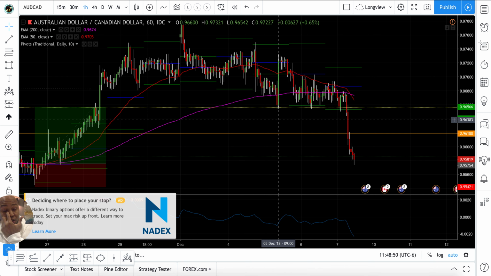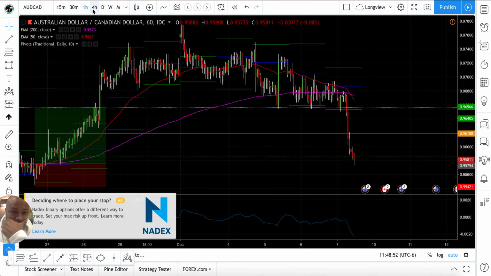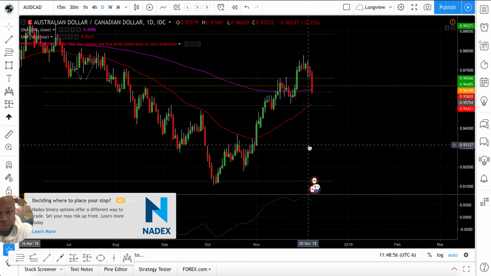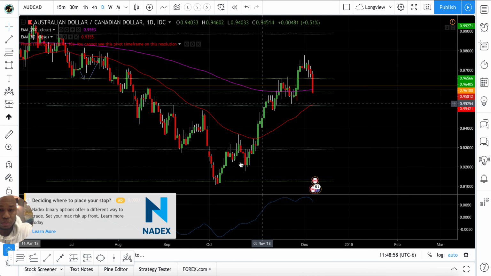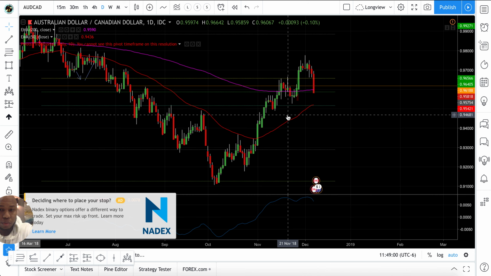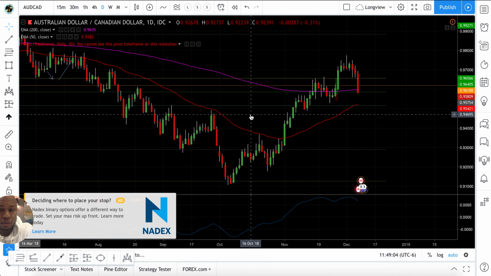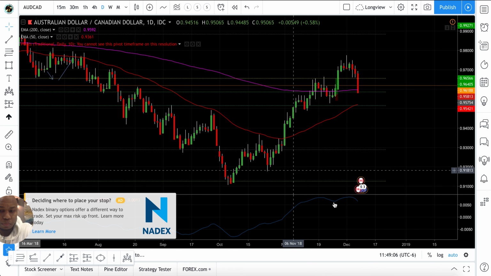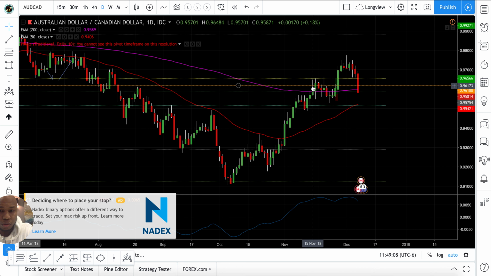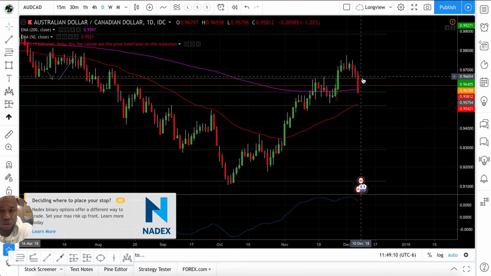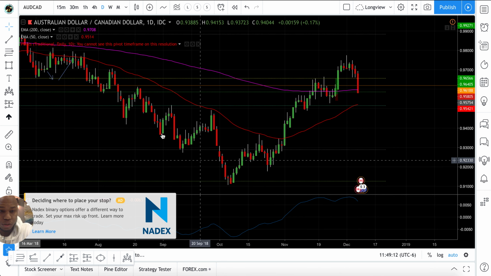So what's interesting really is taking a look at certain pairs, and then they have matching kind of cadences when you look at them. So these AUD pairs have been kind of MACD-wise slanted downwards, while the actual chart shows maybe an uptrend here.